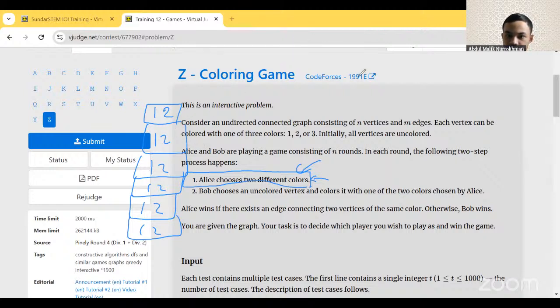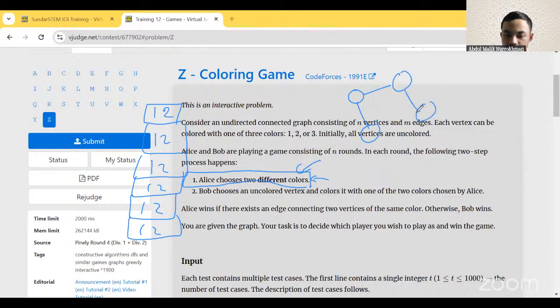All right. If Alice only chooses this, Bob can only choose color 1 and 2. So how to avoid coloring the same color for adjacent nodes?